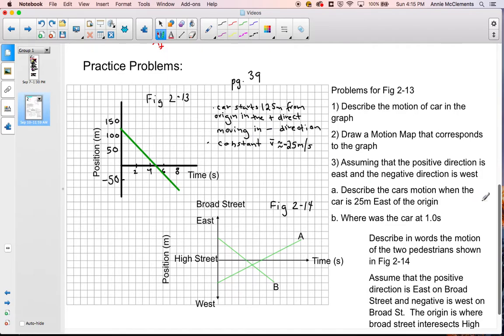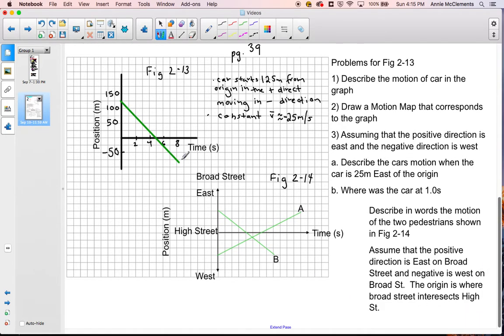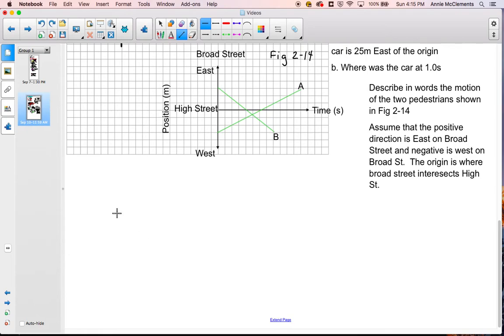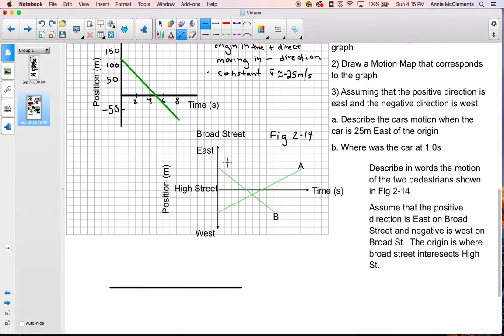All right, let's move on to question 2. Draw a motion map that corresponds to the graph. Okay, so motion maps, I'm going to extend the page a little bit here, get a nice straight line to start off my motion map. And I'm going to want to give some idea of what position I'm working with on this motion map.